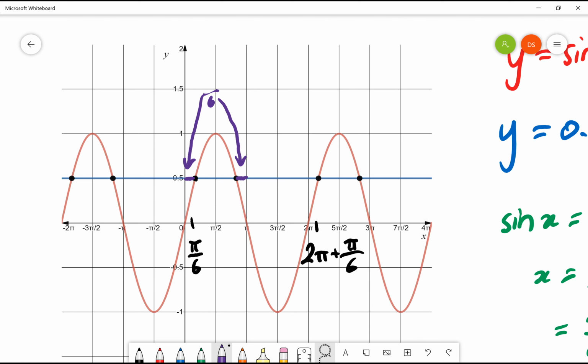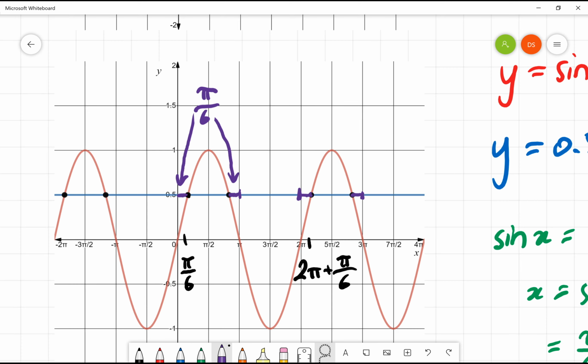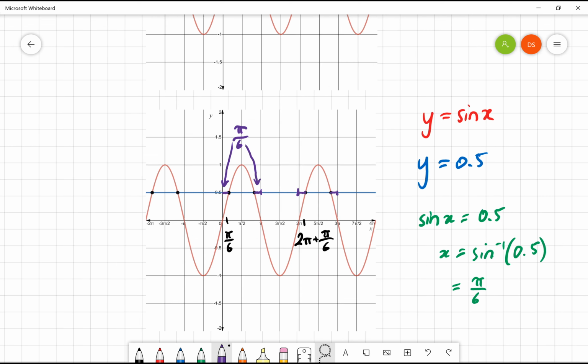But it's from this line here. And then if you look again, once again, it's pi on 6 from 2 pi. If you look here, it's pi on 6 behind 3 pi. And so I'm going to just try and write out a whole set of solutions and see if we can make a pattern.